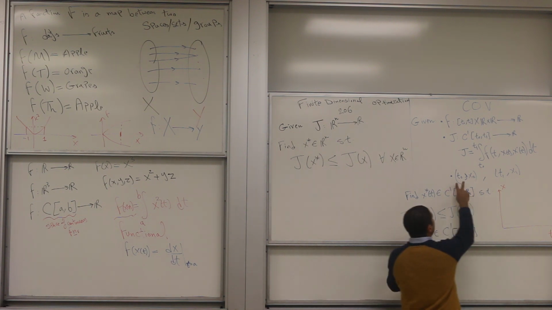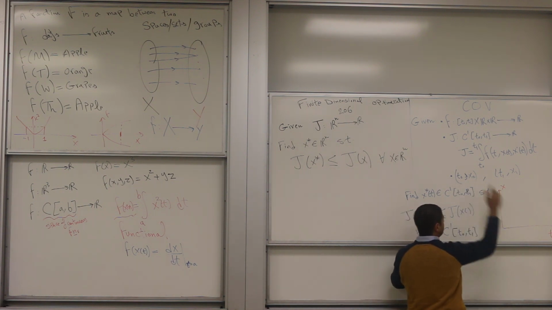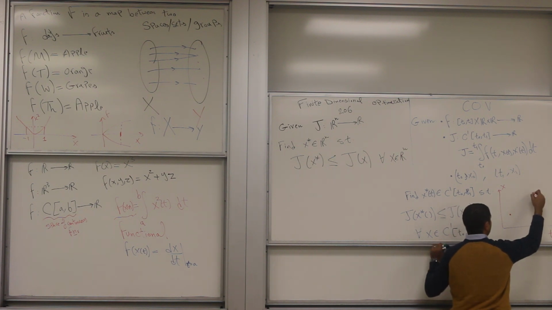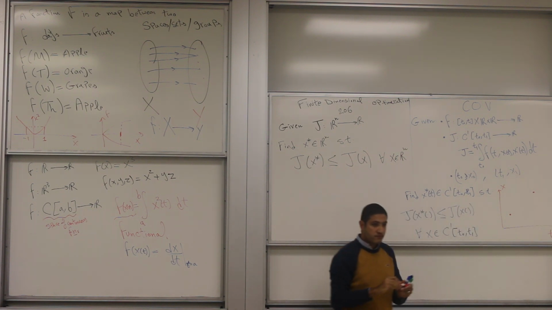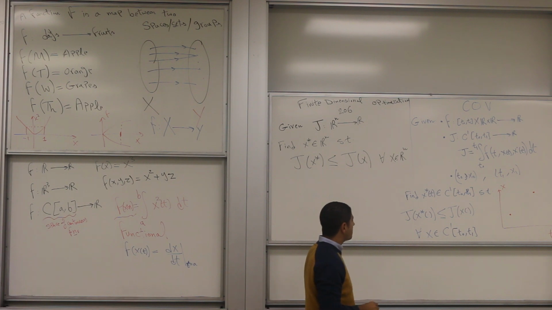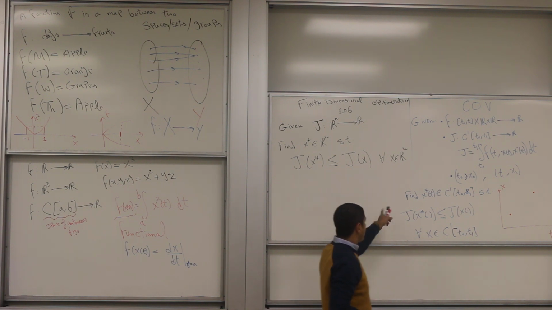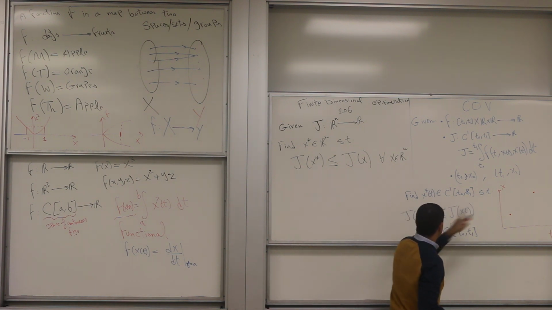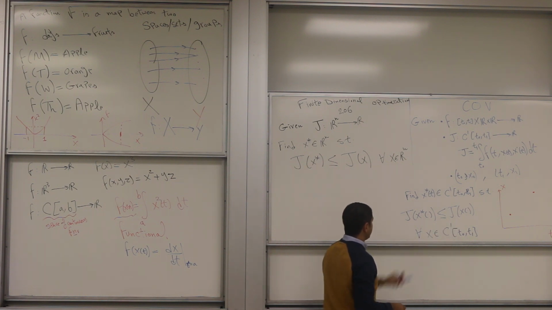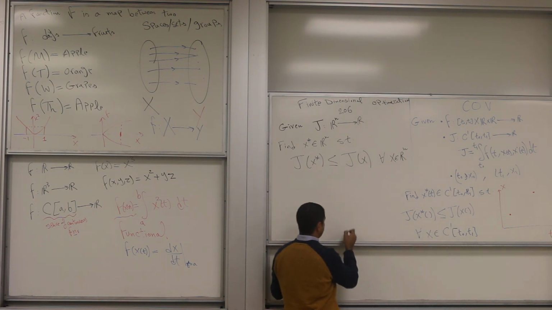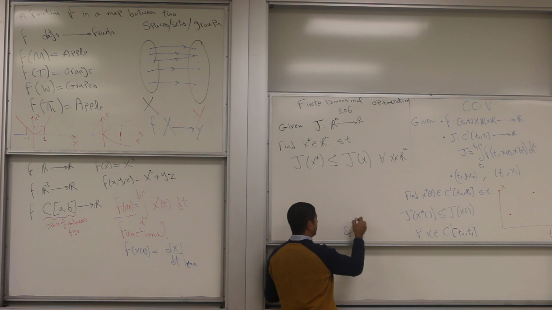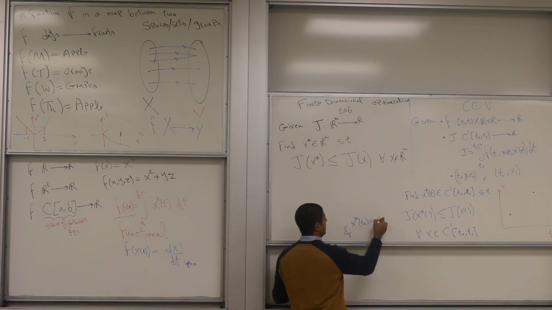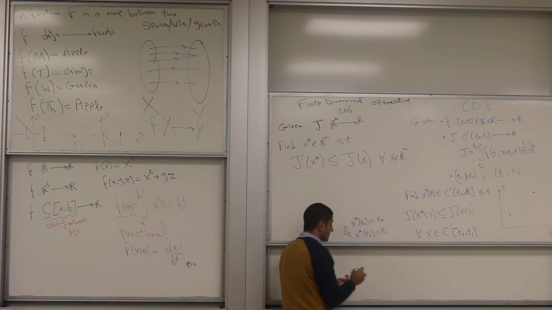And we are given 2 points in the xt domain. 2 points: t naught, x naught, and t1, x1. Find x star of t that is differentiable such that it's minimum and it satisfies the endpoints. X star of t naught is x naught, and x star of t1 is x1.